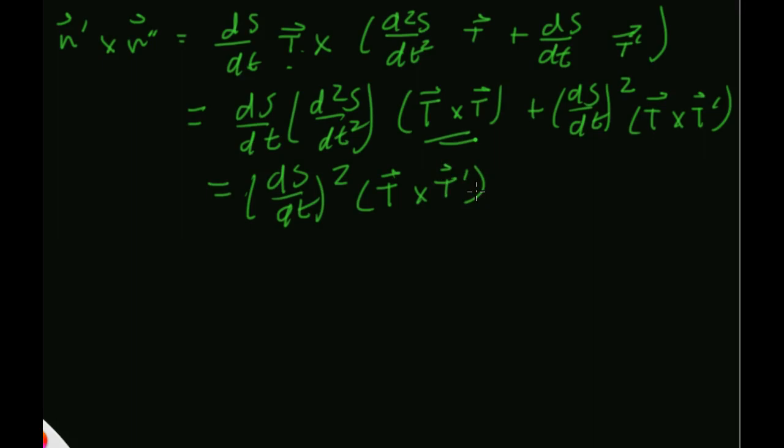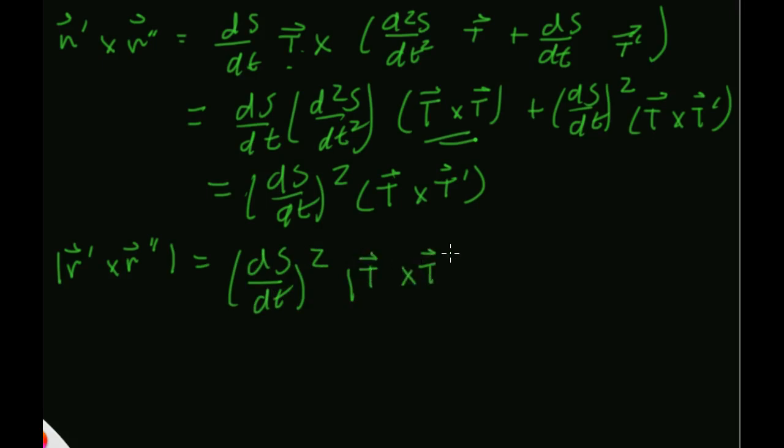If I take a magnitude of both sides, I get that the magnitude of r prime cross r double prime is, so this is a scalar, ds/dt squared times the magnitude of T cross T prime. Okay, we're going to throw a lemma in here, which means we're going to throw this in, and then later on we're going to prove it.